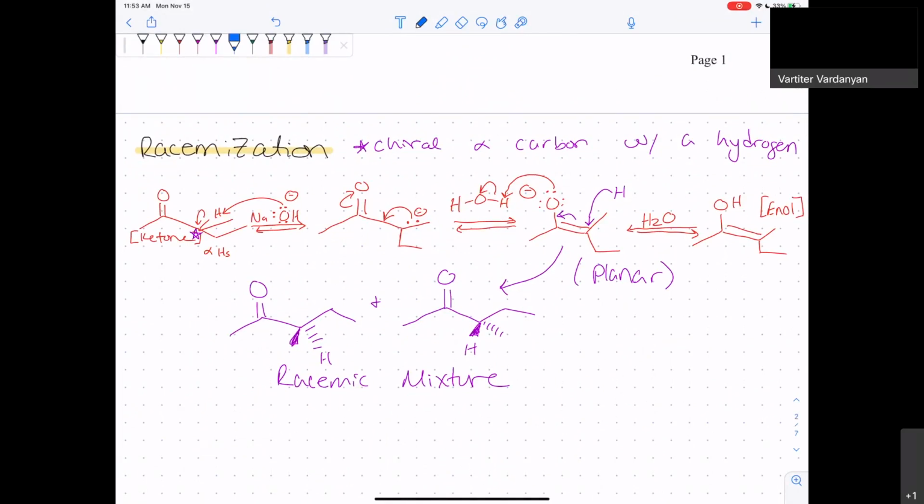But so that one's tricky because technically they're both going to be equally substituted. I don't think you have to worry about that. It's only going to be one side. But if you had any other tautomerization, you would pick the most substituted side.